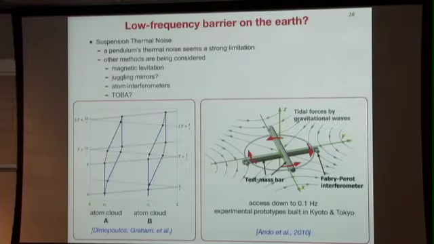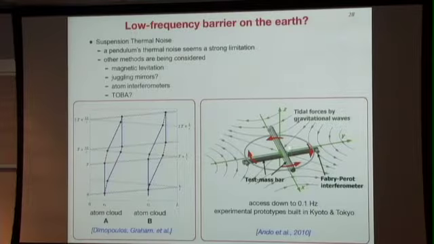And the thermal noise in the pendulum seems to be a big problem. One of the 2 possible fixes is using atom interferometers. People are basically saying you can juggle your mirrors, but then you can juggle your atoms. Basically, you can use atom clouds, which you throw, as the test masses, and that's maybe one possibility.